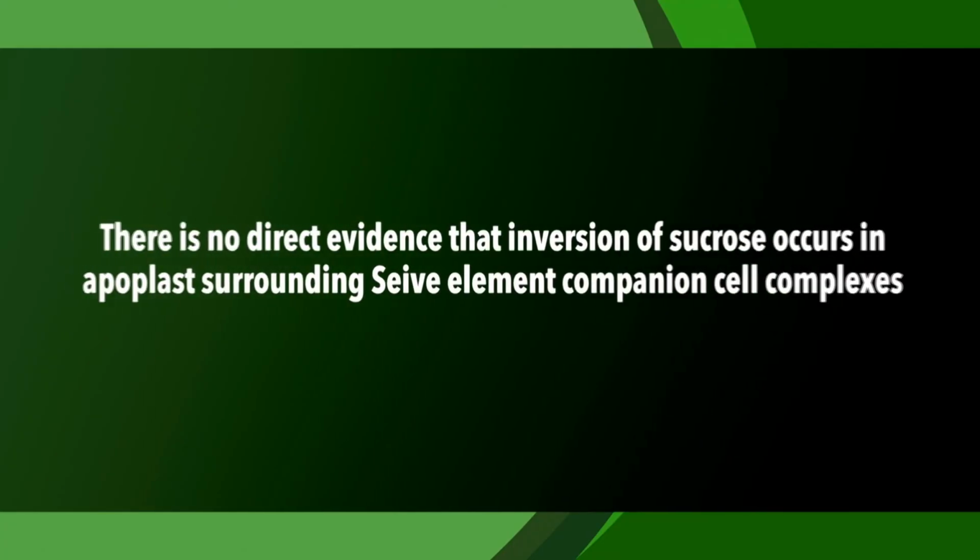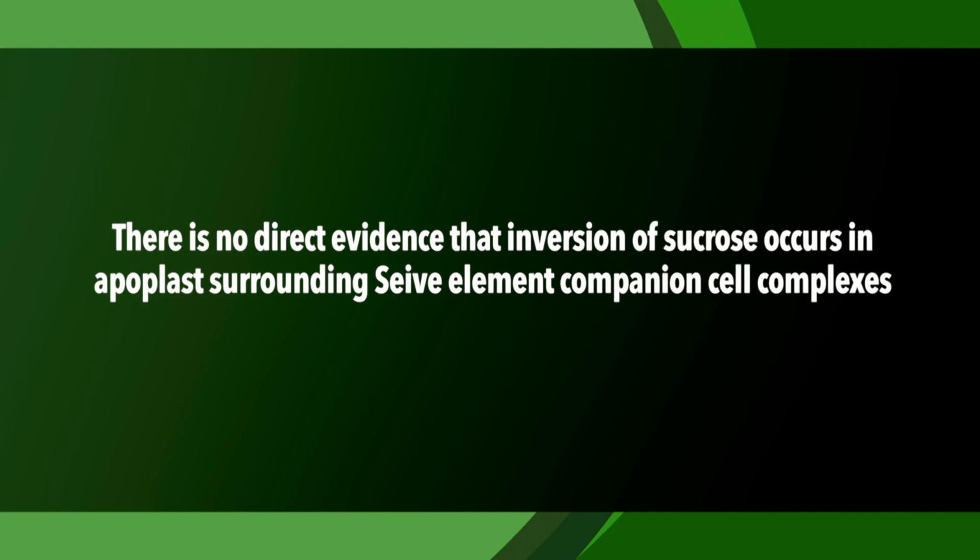concentration gradient. While many sinks clearly possess apoplastic invertase activity, there is no direct evidence that the inversion of sucrose occurs in the apoplast surrounding the sieve element companion cell complexes.